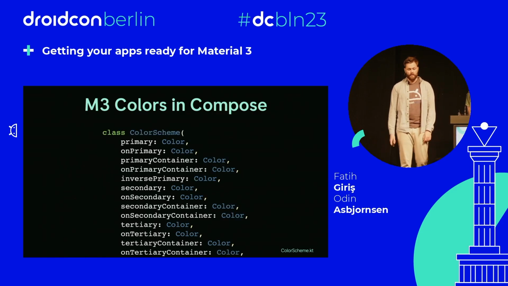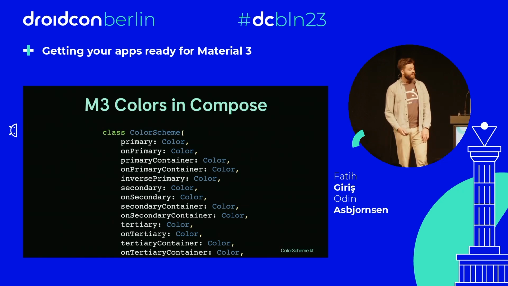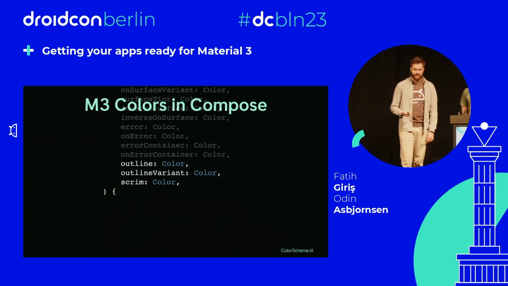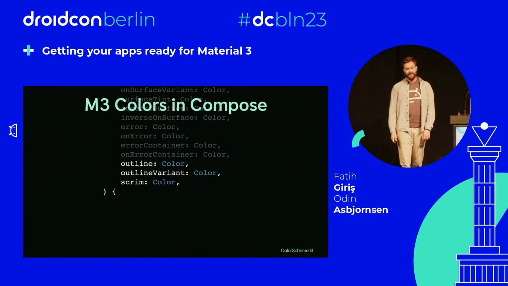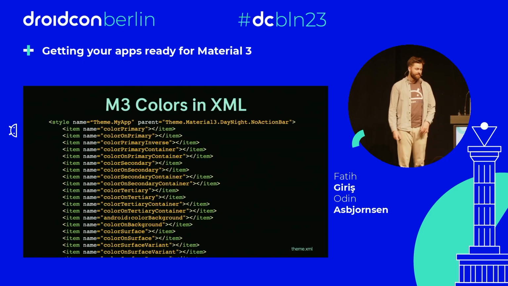But if you want to set your own color attributes class, then you need to actually handle all of these color attributes. So a lot of colors, right? There are a lot of colors that you have to set, so you have to find how you're going to map all of these colors. And in the view system, it's very similar.